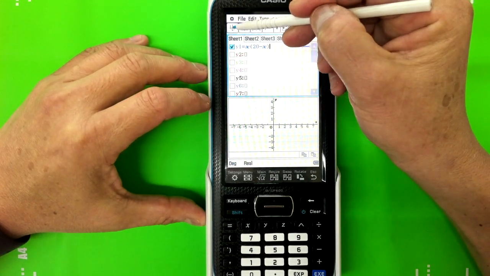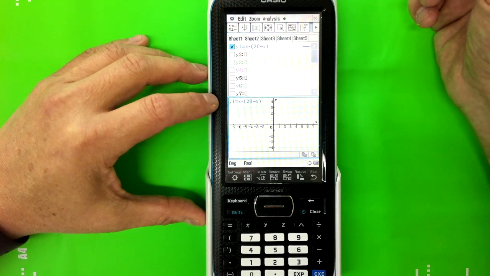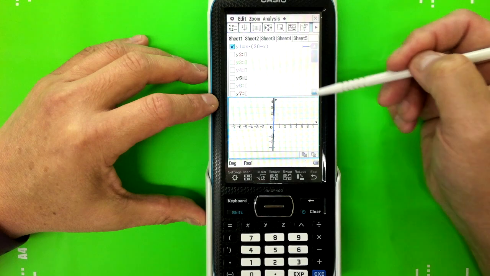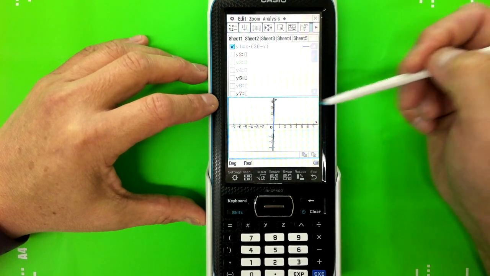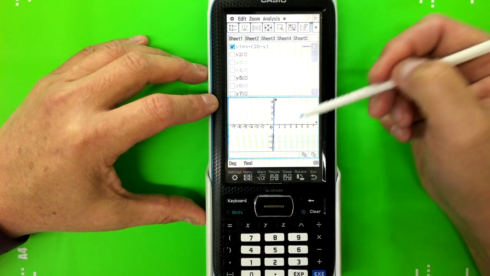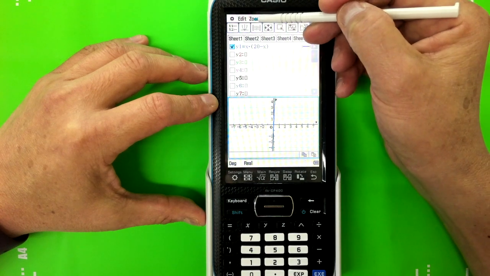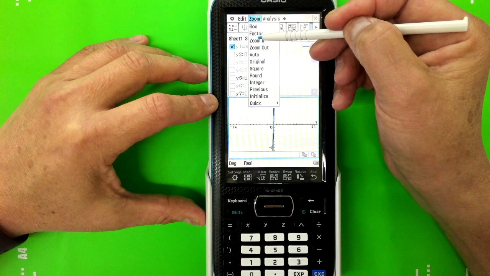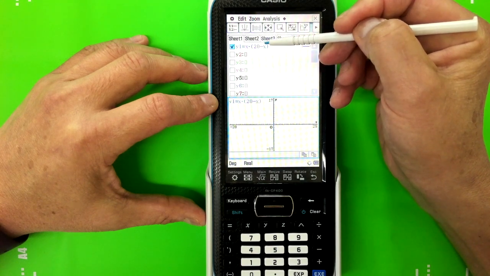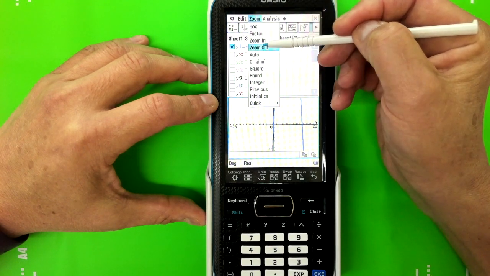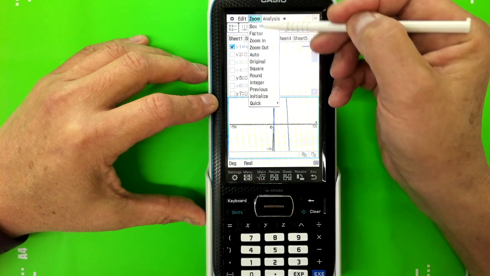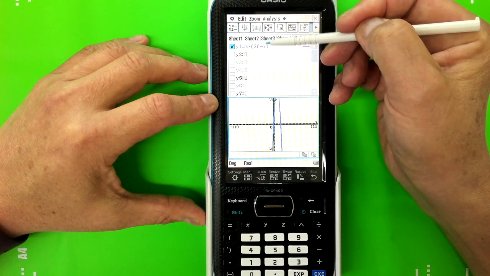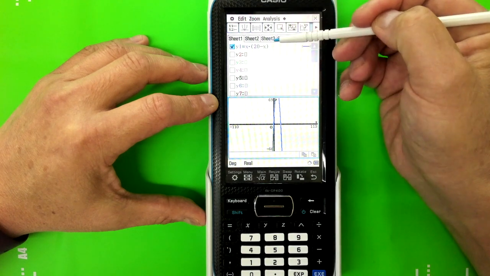And let's draw the graph. You can see that the graph spans quite a bit of the area. So we can use zoom out to find the maximum. Keep going. Zoom out. Zoom out. One more time.